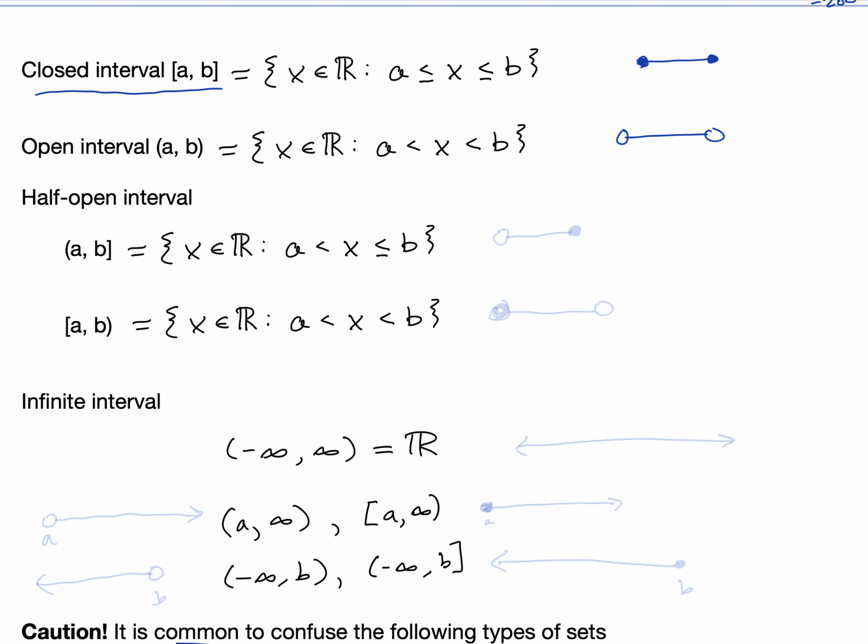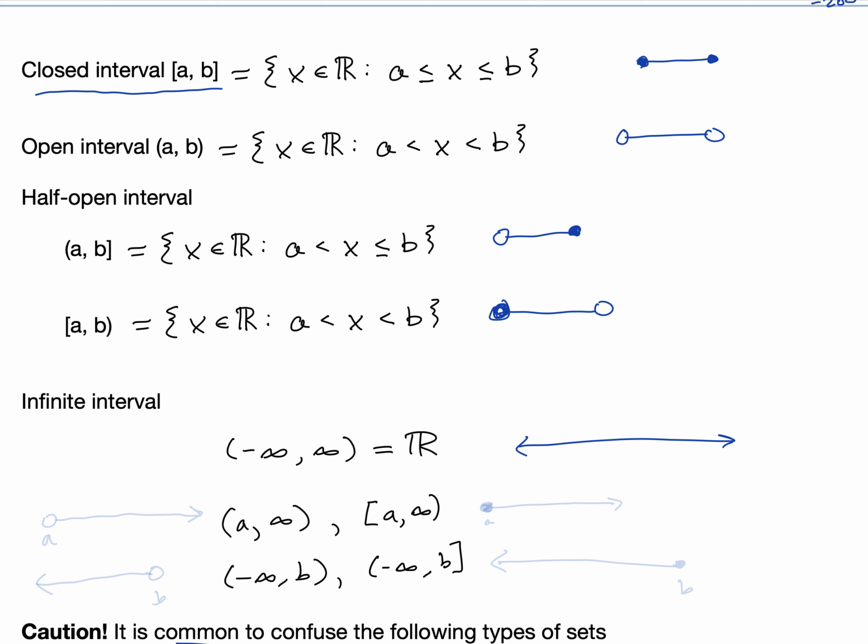Similarly, we've got half-open intervals, half-open interval from a to b, with one of the endpoints included and one of the endpoints not included. So this would be the half-open interval where the left endpoint is not included but the right endpoint is, and vice versa. Those are our intervals. We've also got infinite intervals, meaning they've got infinity on one or both of the endpoints. The open interval from negative infinity to positive infinity is the same thing as the real numbers, the entire real number line.